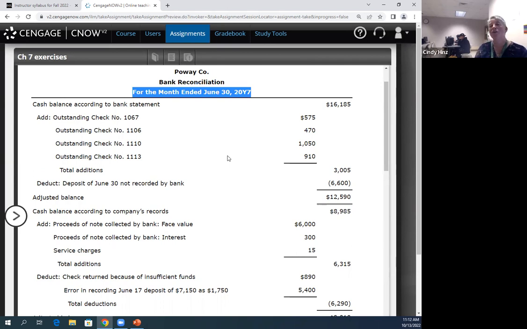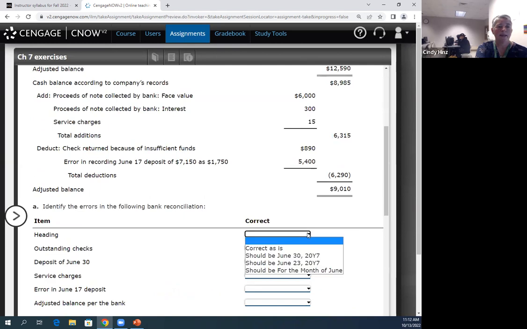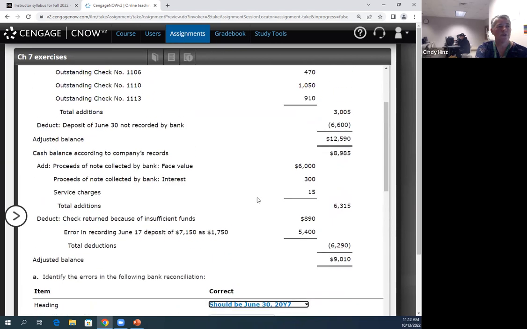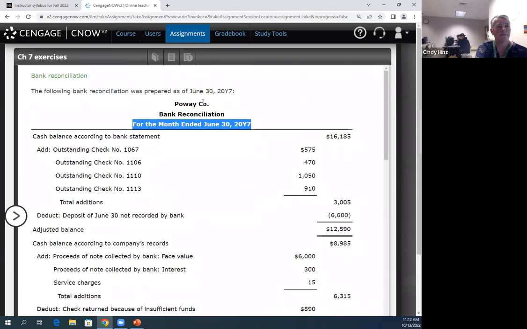It's not a period of time because it's that snapshot, just like the balance sheet. So the heading should just say the date. In this case, June 30th, 2017. It tells us right there, that's the date that should be on there. But it shouldn't say for the month ended.